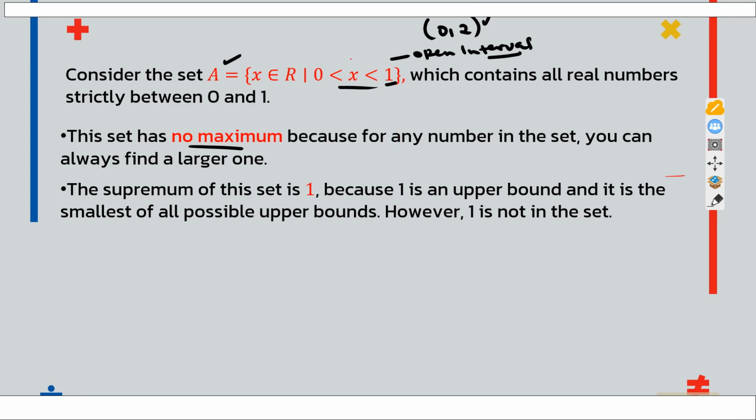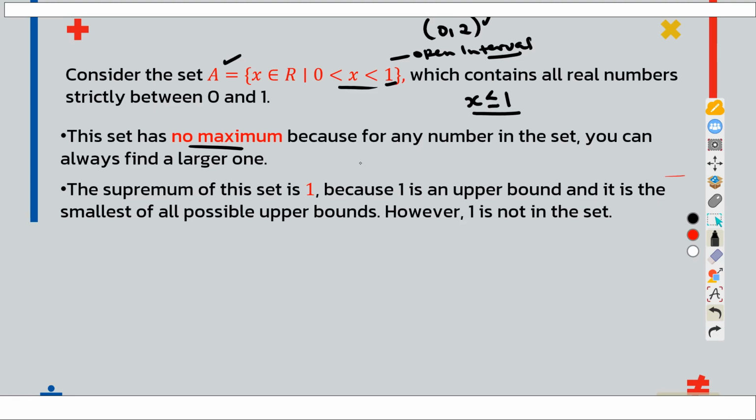And also you can easily see that all the elements of this given set, all elements that are between 0 and 1, will always be less than or equal to 1. Because for it to qualify to be the least upper bound, first of all, whichever element you pick from the set must be less than or equal to 1.